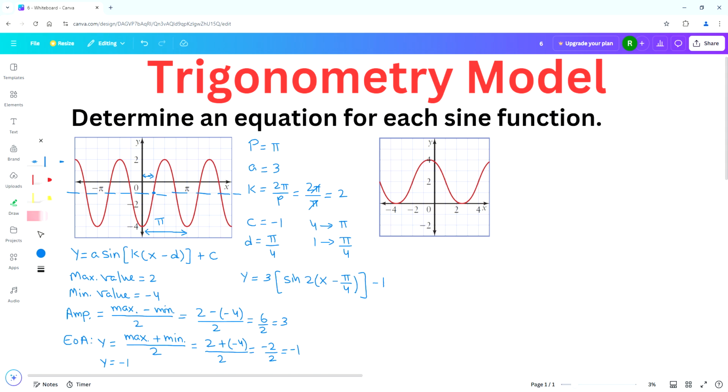Now we can analyze the second graph. We can start by writing the general equation of a transformed sine function.